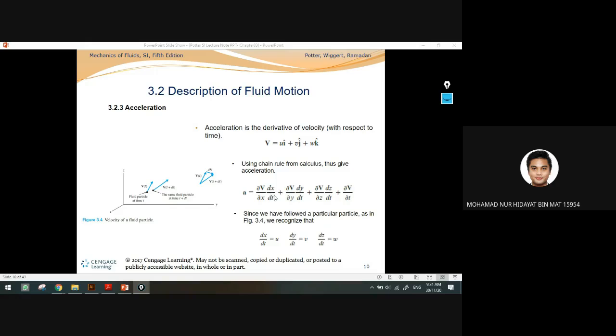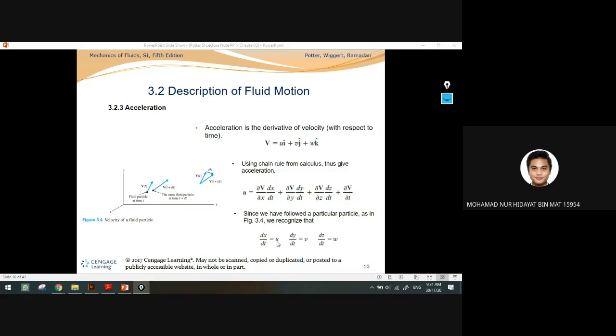So you have an additional term using the chain rule. Alright, this is the additional term: dx over dt, dy over dt, dz over dt, and one more, the function of time. Since we know that dx over dt is velocity in the x direction, dy over dt is velocity in the y direction, and dz over dt is in the z direction. So remember, u is dx over dt, v is dy over dt, and w is dz over dt.